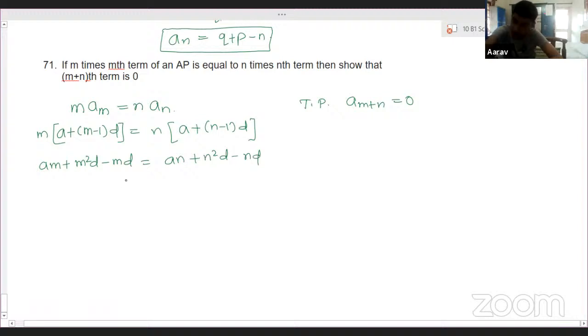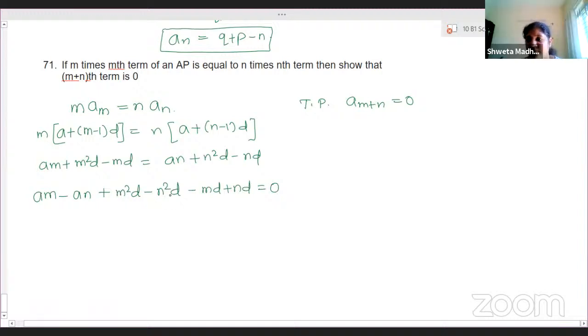After that, I brought everything from RHS to LHS and brought the like terms together: am minus an plus dm square minus dn square minus dm plus dn is equal to 0. Everyone able to understand the step?